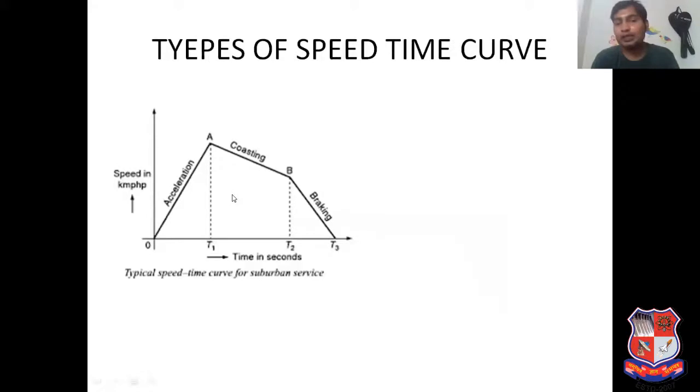This kind of graph is a simplified speed time curve for an urban service line, and this graph is known as a quadrilateral speed time curve.